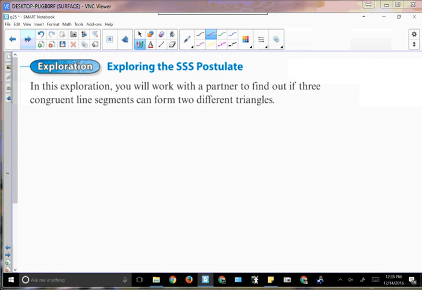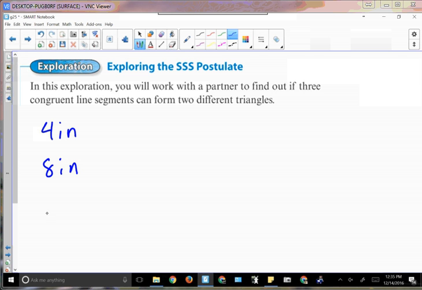So, what I want you to do, grab a blank sheet of paper. And what I want you to do is make a triangle that is this size. I want one side that is going to be 4 inches. I want one side that is going to be 8 inches.